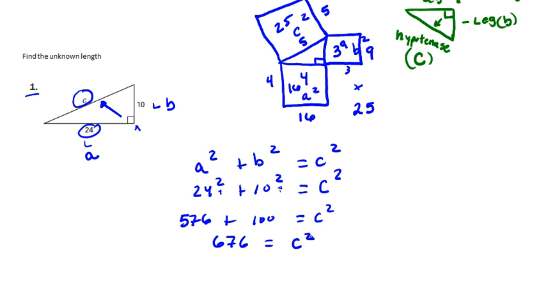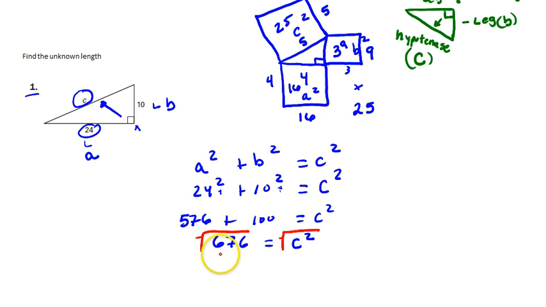And I still don't know what c is. I only know what c squared is. And I need to figure out how I can undo squaring c. What undoes squaring? Finding the square root. They're inverse operations.